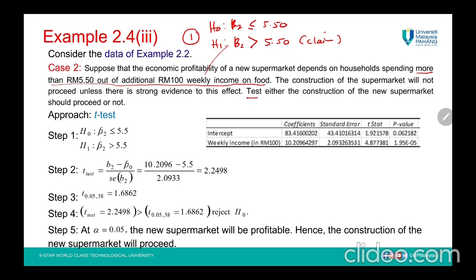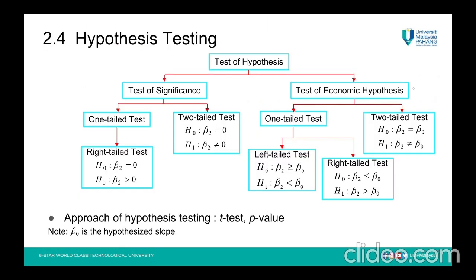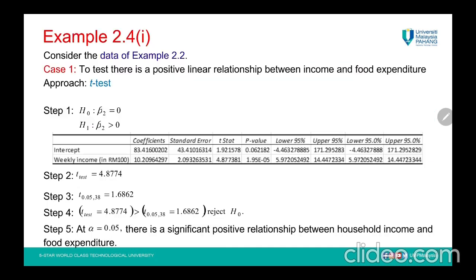Looking at the test of hypothesis, we can see that the hypothesis we constructed in example 2.43 is under the test of economic hypothesis, specifically a right tail test. Looking at the hypothesis here, beta naught is the hypothesized slope.